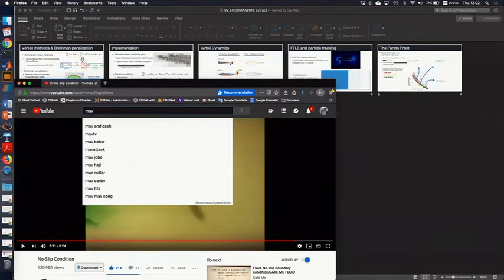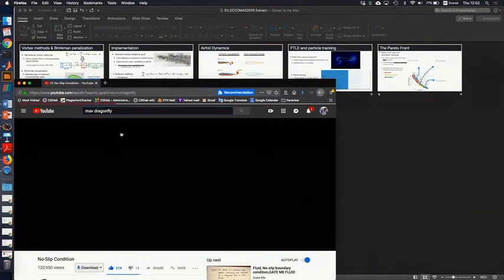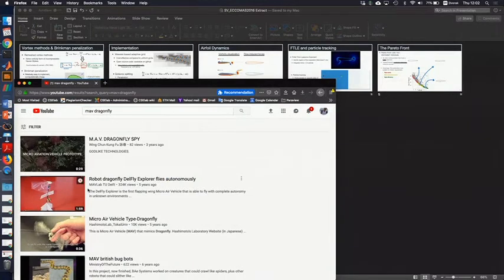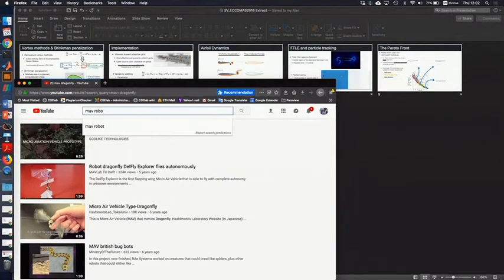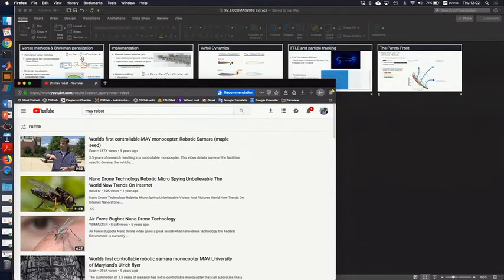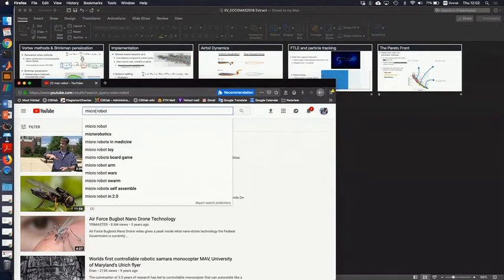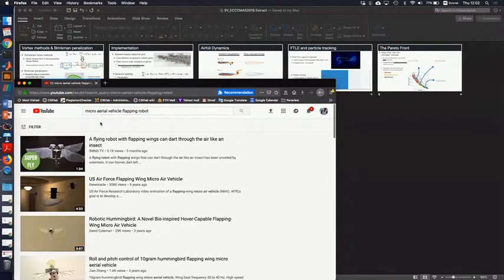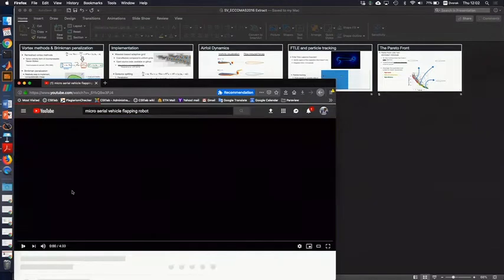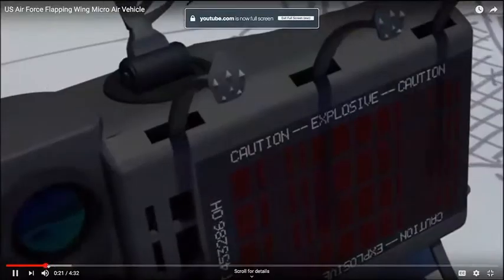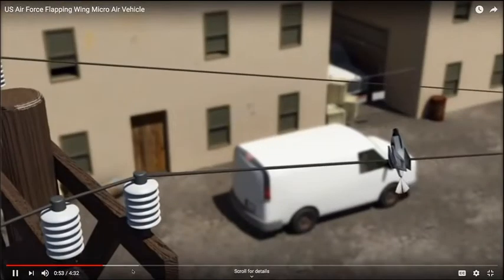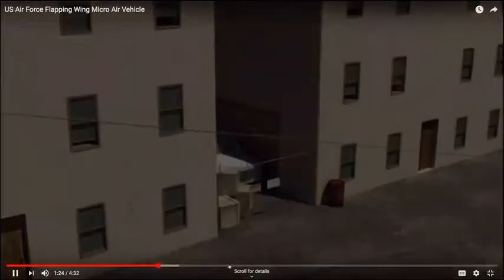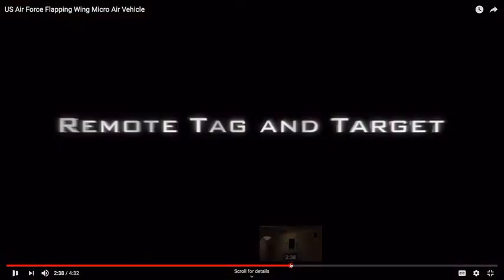MAP dragonfly. MAP robot. And with minimal surveillance mode for missions lasting, it is sufficient really for visual surveillance.